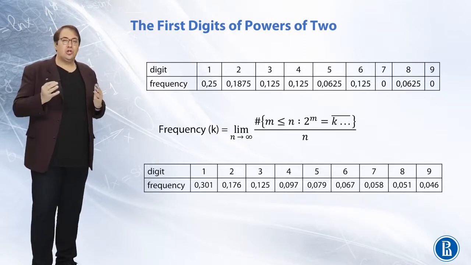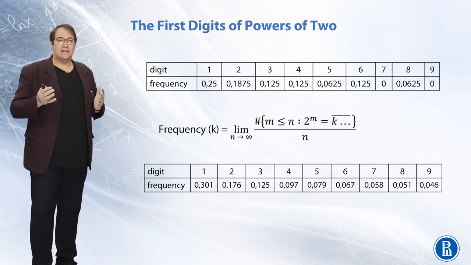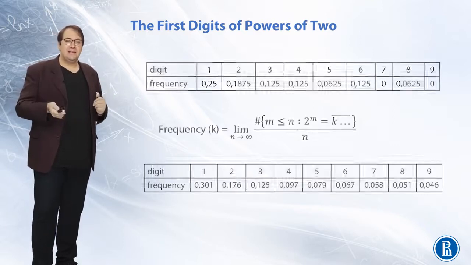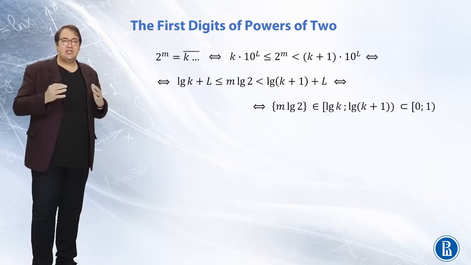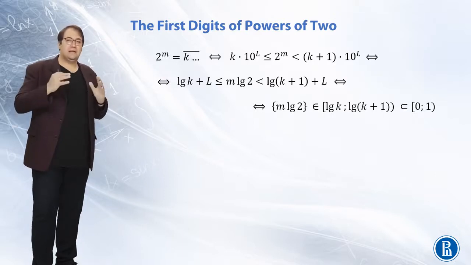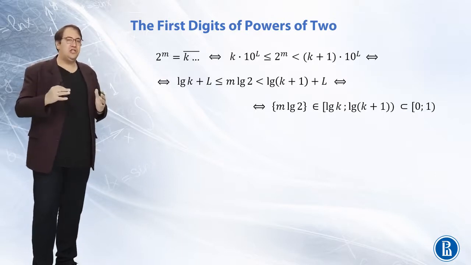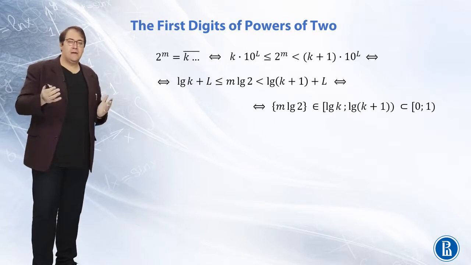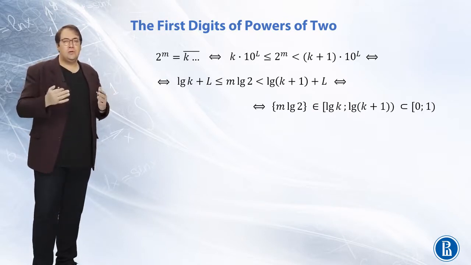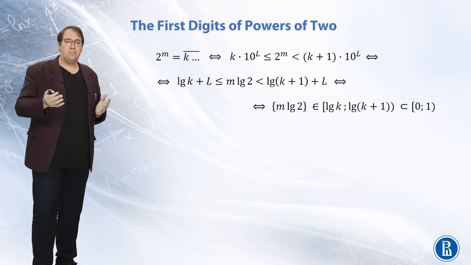So now I will show how to calculate the frequencies. First, transform the condition that k is the first digit of 2 to the power of m into a more convenient form.